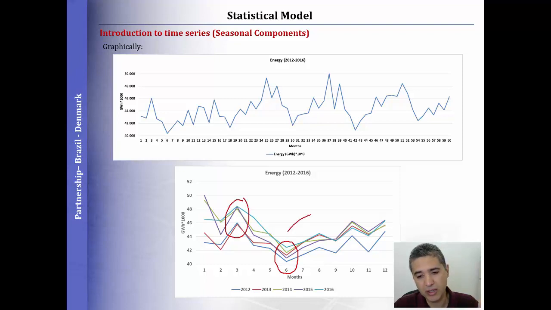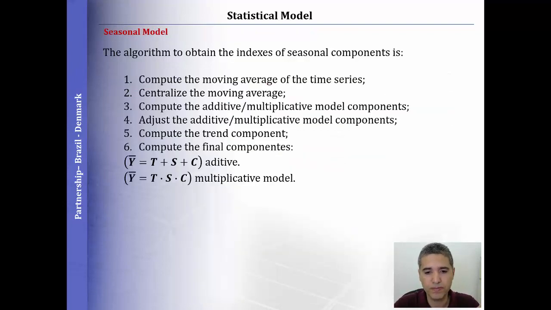So the valley of this time series usually occurs in June, and the peak usually occurs in March. And then we have another peak here in October. And this, in a certain way, describes how this time series works. And what we want to do is try to capture this behavior and translate it by the seasonal components.